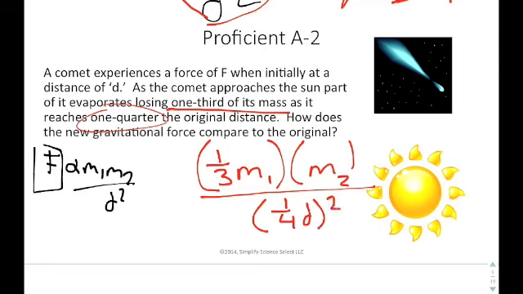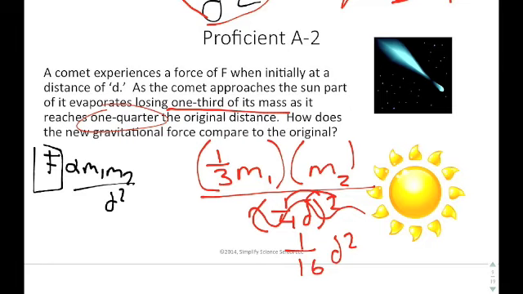So now when I want to compare these values, I want to take out the m1, the m2, and the d squared. But I need to distribute the square first. So I'm going to go ahead and mark through this right here. And when I mark through that, it's going to be 1/16 d squared, because the square is distributed to both terms.